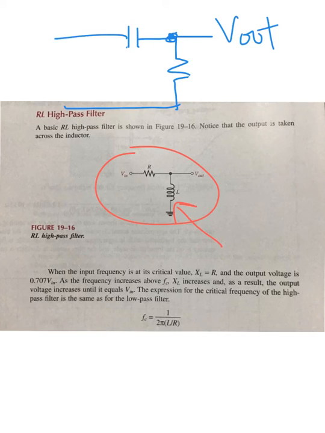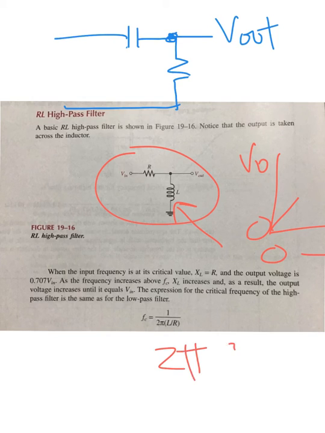This is an inductor, and at very low frequencies, 0 is pretty low, at very low frequencies, it's just a piece of wire, and the output is 0. Now, as the frequency goes up, 2 pi FL kicks in, and as the frequency goes up, the resistance goes up, and it exceeds the value of the resistor. So now most of the voltage is across the inductor, and you get a high-pass filter response, okay?